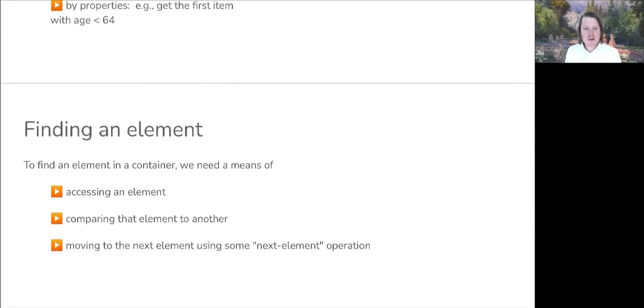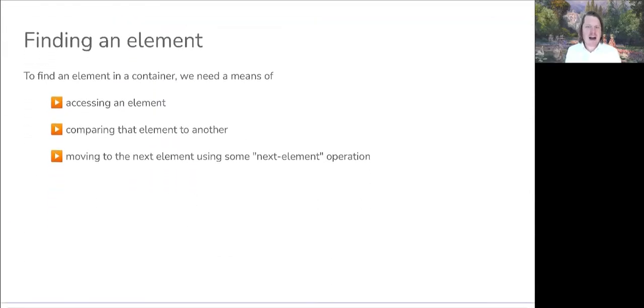So I wanted to consider finding an element, and what it means to find some particular element within a container. If we want to search for or find an element within a vector or a linked list or otherwise, we're going to need some means of accessing an element.